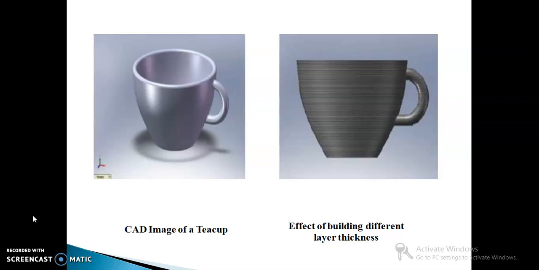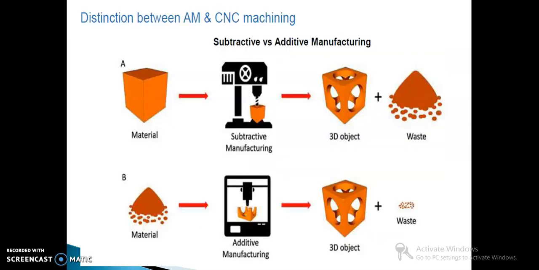You can observe in the second case the effect of building different layer thicknesses. The second image of the teacup represents the final finished product made by additive manufacturing. This is one example of the additive manufacturing process. We can manufacture a variety of components, using a variety of materials.